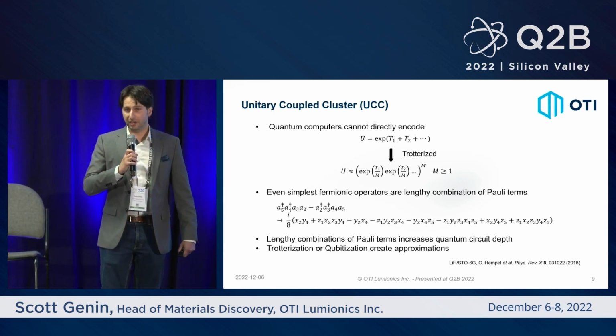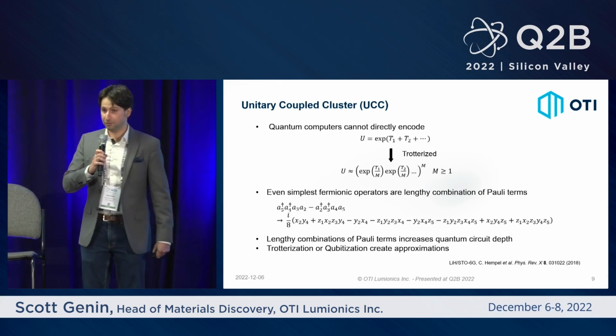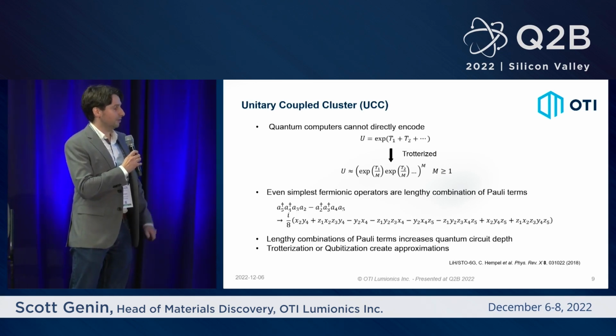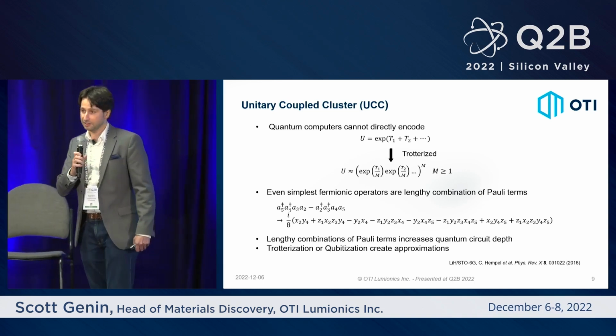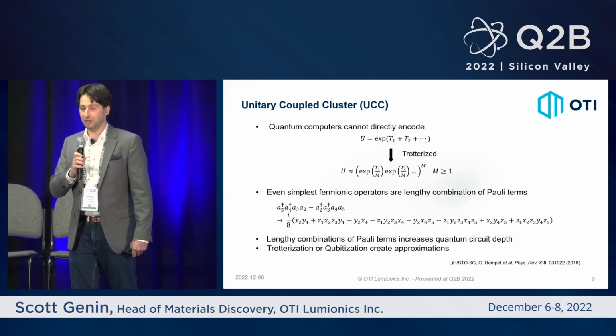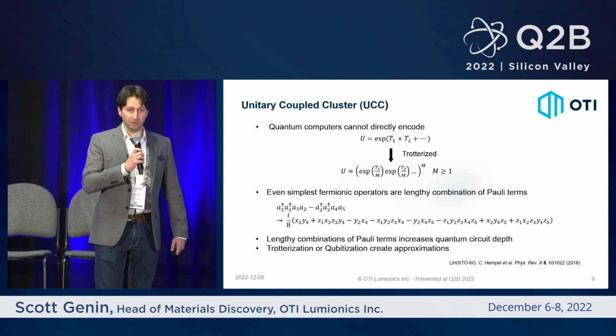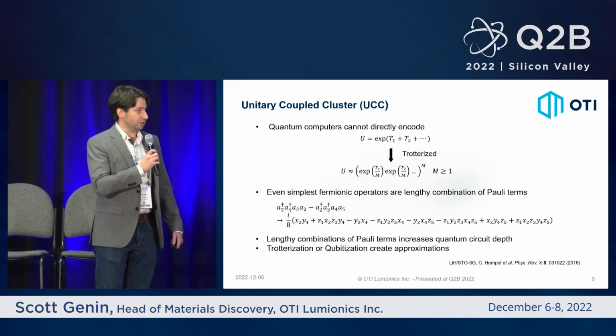And the answer is no, they also struggle a lot to do this. The reason is that the unitary coupled cluster uses these summation terms, which then have to be trotterized or qubitized. And the community has spent a lot of effort and a lot of papers trying to bring that number down so that we can make more and more efficient circuits.